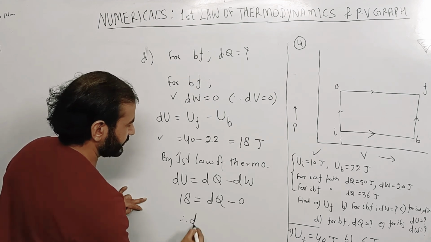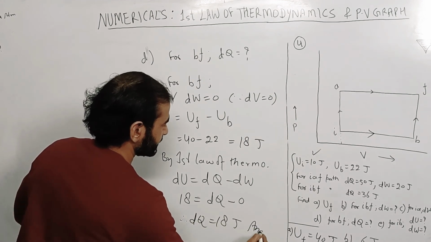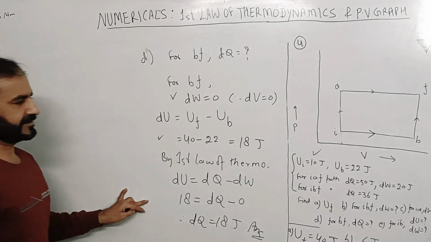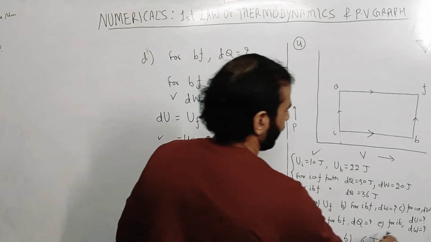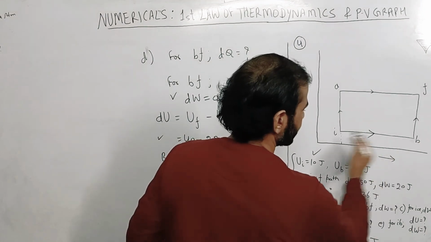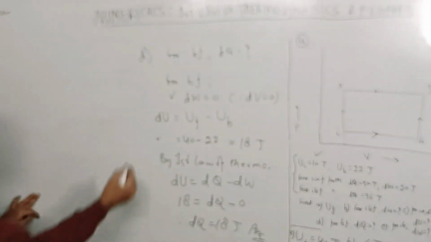So therefore dQ equal to 18 joule. This is the answer. Okay. Now E part, for IB, I to B, dU and dW, both are to be found.